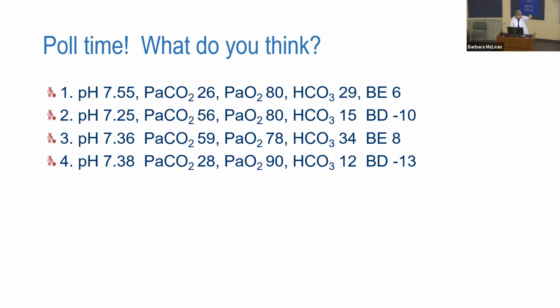Everybody good? All right. Now I look at my PaCO2. PaCO2, perfect, yes or no? Up or down? Inside, outside range? Okay. So do I have a primary respiratory alkalosis? Yes or no? Yes. Okay. PaO2 is 80, bicarb's 29, base is 6. Primary respiratory alkalosis.